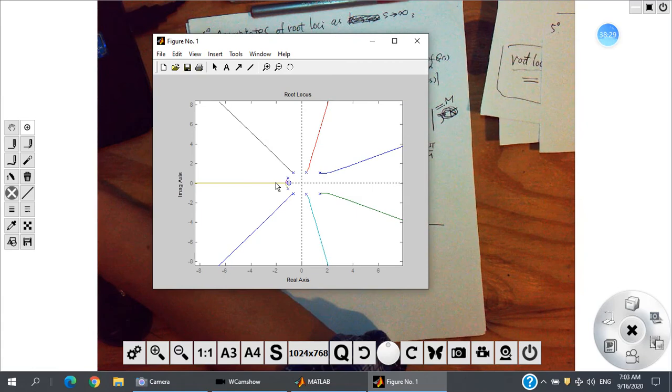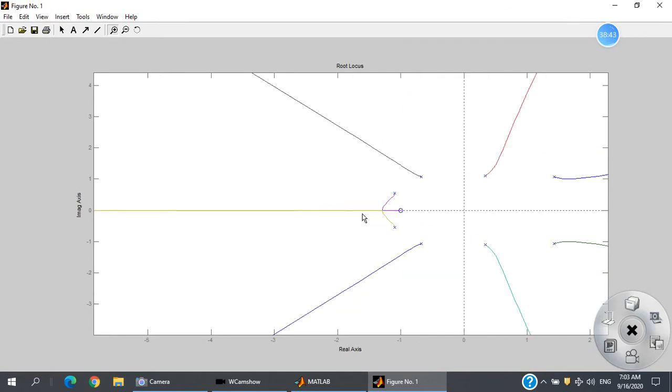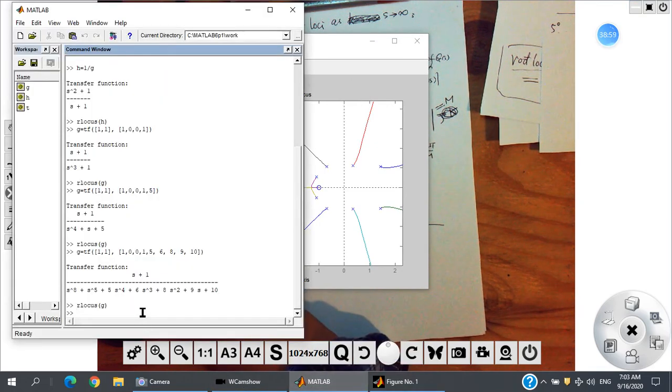And when the root locus is located on the real axis, they are real, according to the real poles. So you see, we have one segment here, and the other side. Oh, okay, this example is not good. I change to a different example.